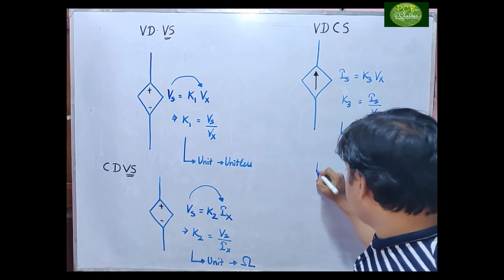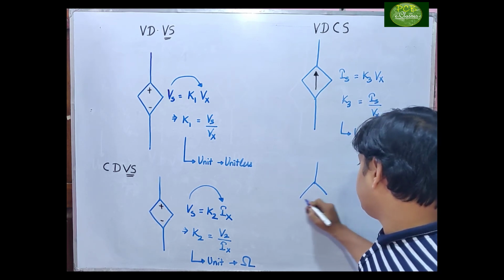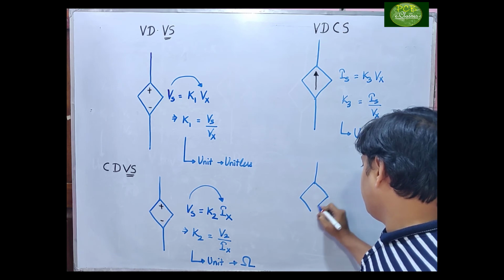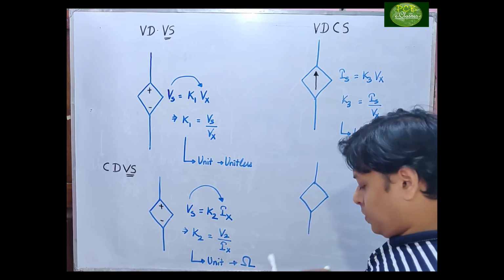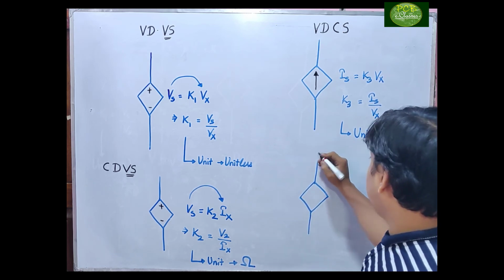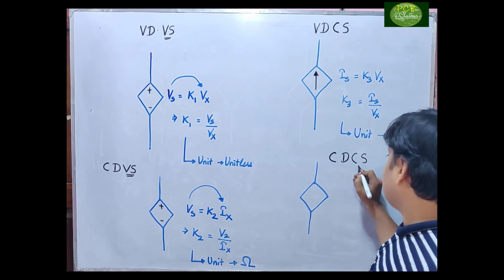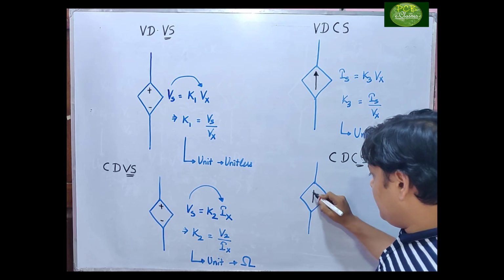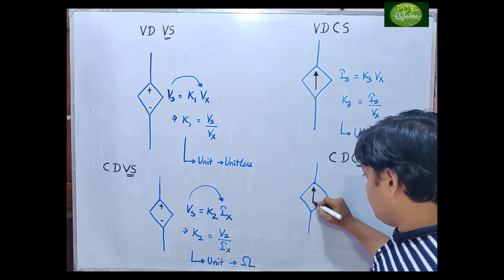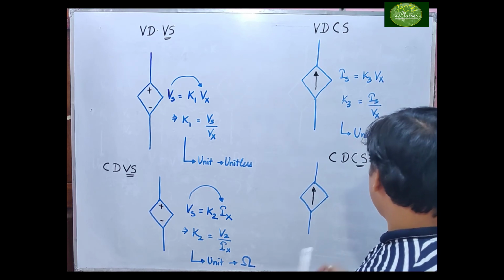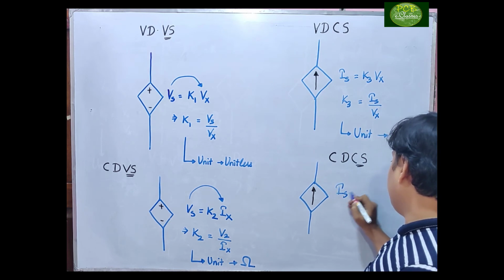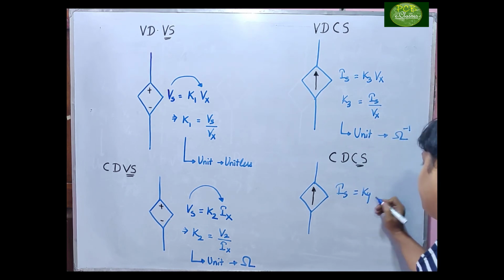Similarly, the fourth one. What will we take? Current dependent current source. Is it a current source? Yes. So a direction will be there. What will we write down? Is will be equal to K4 times Ix.